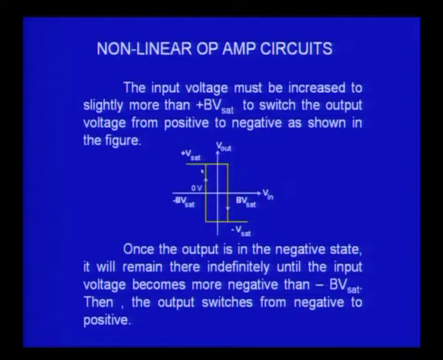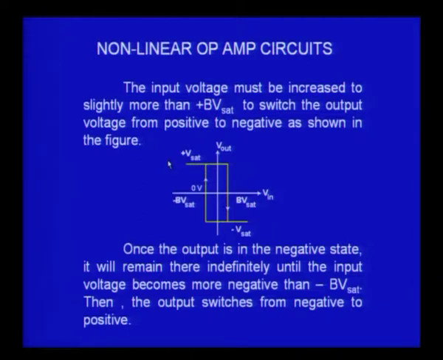Once you have the graph of V output versus V input, you can see it happens this way. Till it comes to minus beta Vsat, the minus reference, the output is minus Vcc or Vsat, and at this stage it makes a transition and goes to plus Vsat.